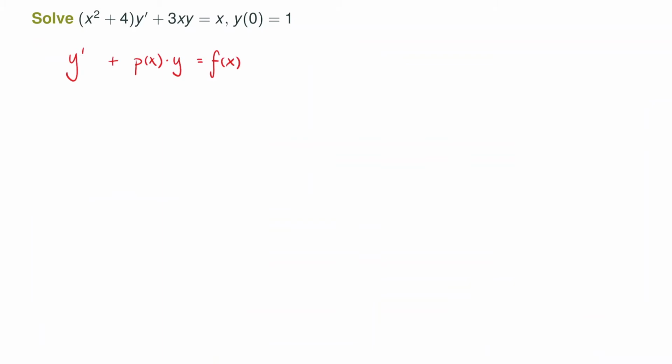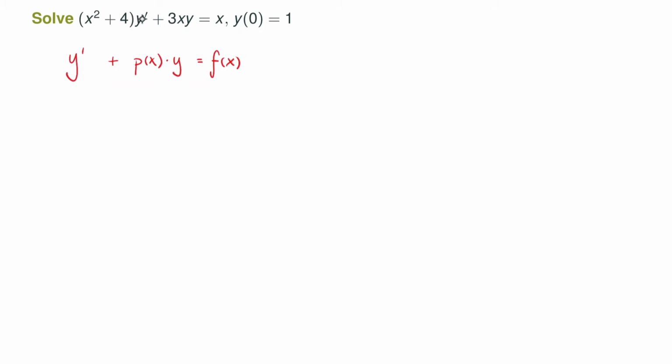Now looking at our next example, we see that it is looking somewhat similar to this, but there's a few things that we need to fix to make it fit this procedure exactly. The y prime term needs to be completely by itself, and currently it's being multiplied by x squared plus 4. And we have our y term also on the same side, so that's fine.